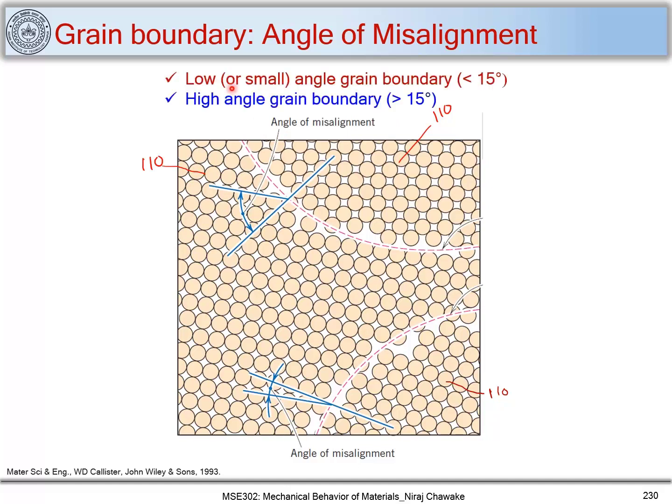So we have a low angle or small angle grain boundary, which has an angle of misalignment less than 15 degrees, and if it is more than 15 degrees we call such grain boundaries high angle grain boundaries.